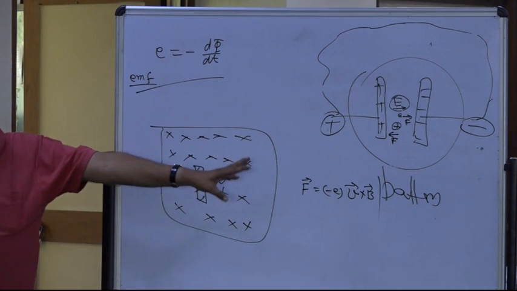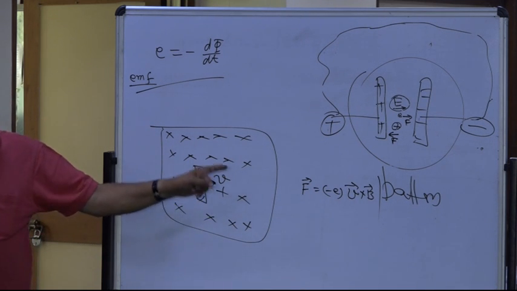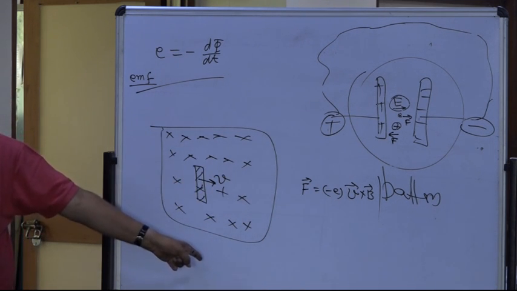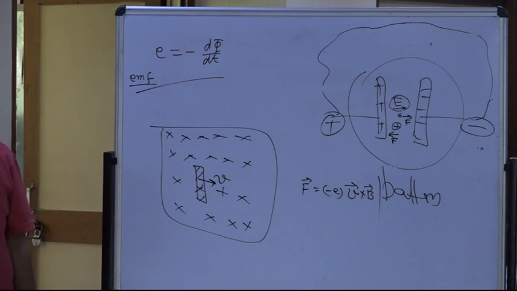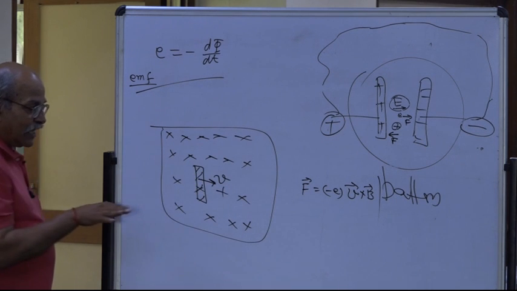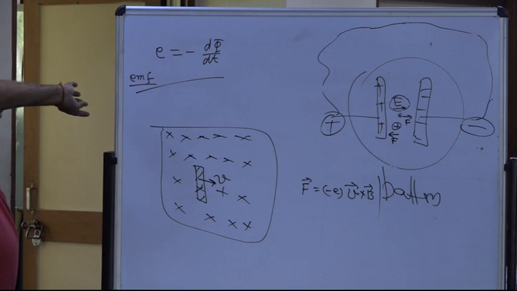Then Q V cross B, this much force is exerted, and remember this is not an electrostatic force. V cross B, so this is V and that is B, V cross B will be up, but because of the minus sign it will be down.